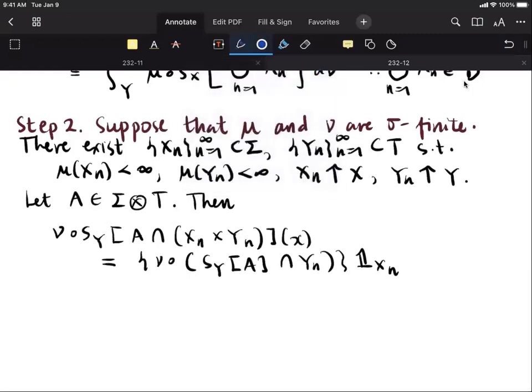According to step 1, this is measurable by step 1.